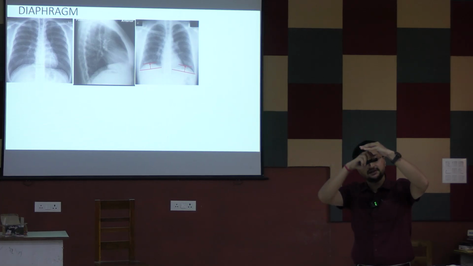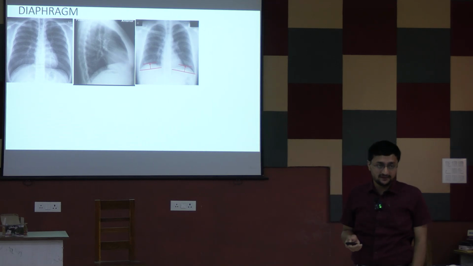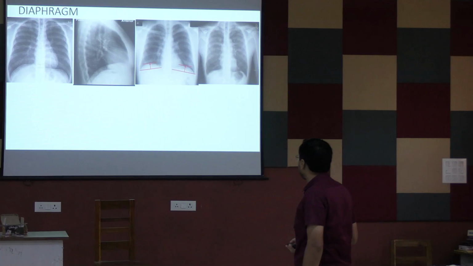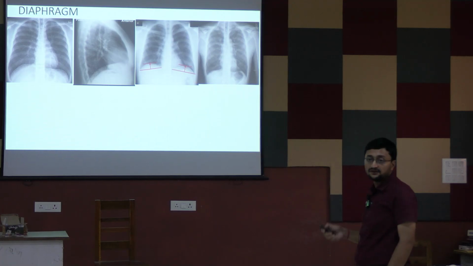This is the line joining the two ends of the diaphragm, and the distance between the highest point and the line is measured. This is called the diaphragmatic index. If the diaphragmatic index is low, then the diaphragm is flat, and if it is normal, then the diaphragm is in normal position. So this is a normal diaphragm, but this is a flat diaphragm because the diaphragmatic index is low.